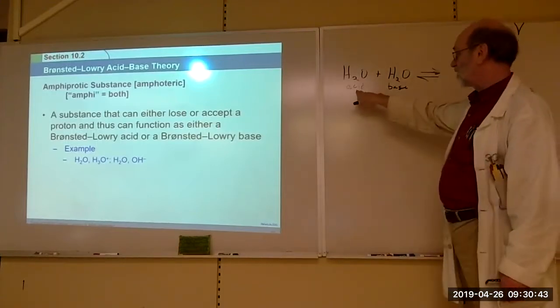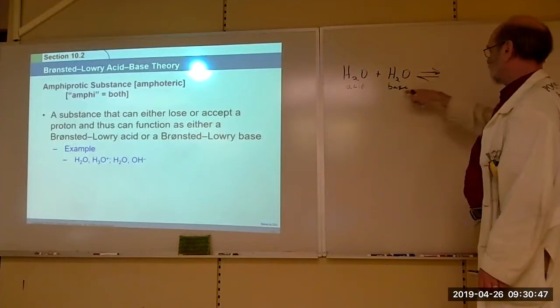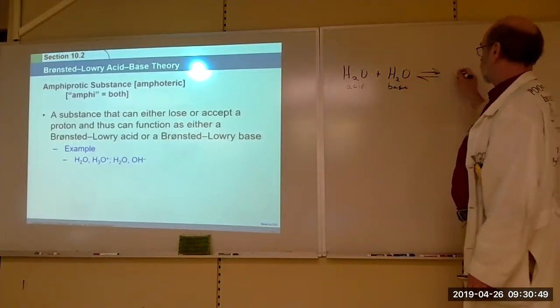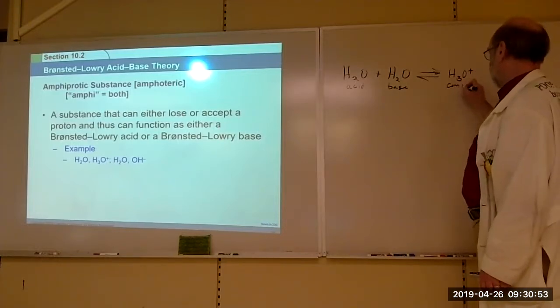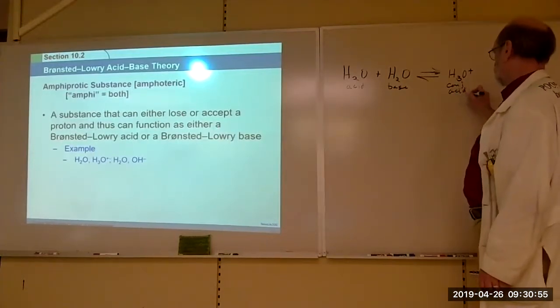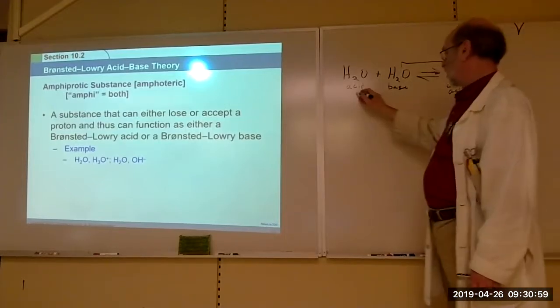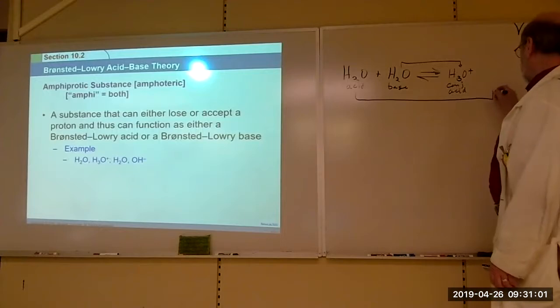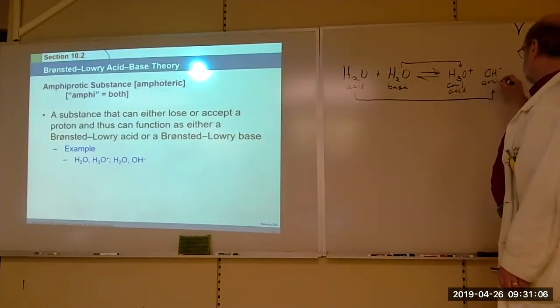So if this is the acid, it's going to end up as, let's take the base first. If it accepts a proton, it becomes the conjugate acid of this base. And then if we take this one, it lost a proton, so that's the conjugate base.